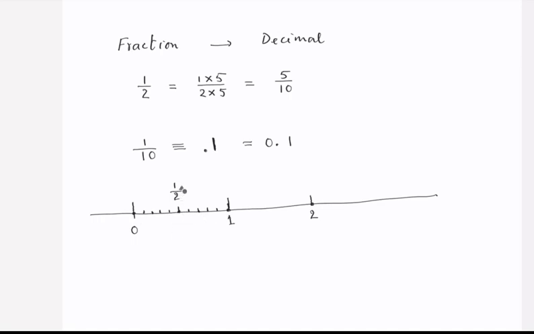So this same point can also be written as, in fractions, 5 by 10. Okay, so this is what we mean. We already know this result. 1 by 2 is same as 5 by 10. So on the number line, we just realize the same thing.